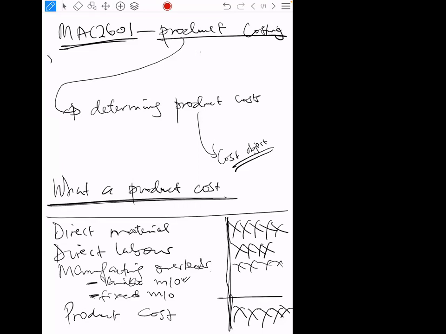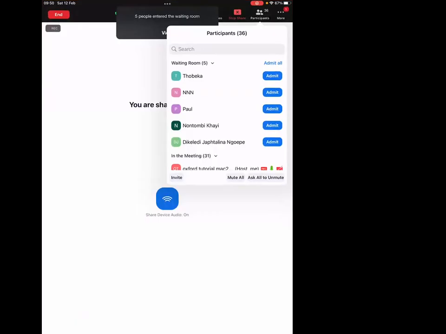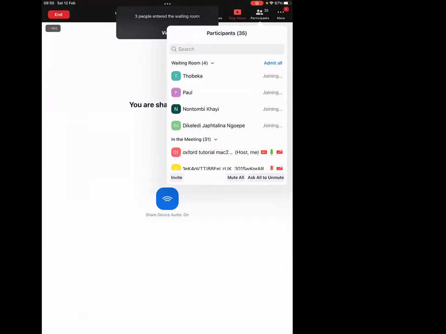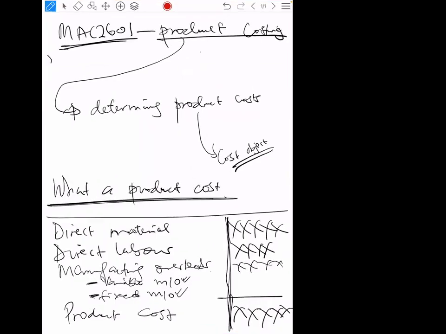Fixed manufacturing overheads, these ones remain the same regardless of the level of output. What becomes interesting here is that variable overheads vary with the number of units produced. So you need to know how many of that we incur for each table, for instance.